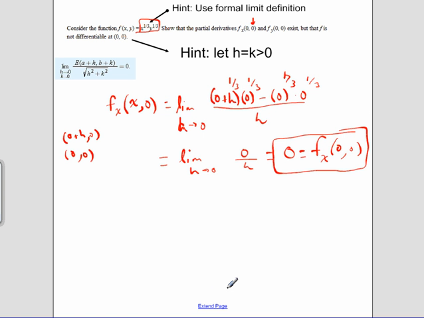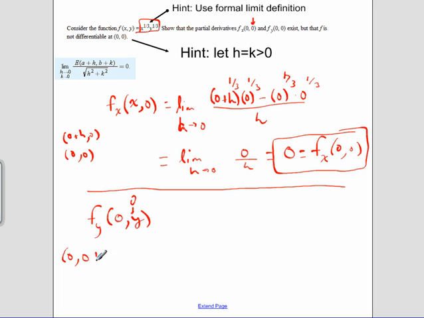And the same proof is going to be true for y. We can go ahead and do it anyway. So we have f partial y at 0 comma y, where this is getting close to 0. So again, we're going to look at the points 0 comma 0 plus k and 0 comma 0.